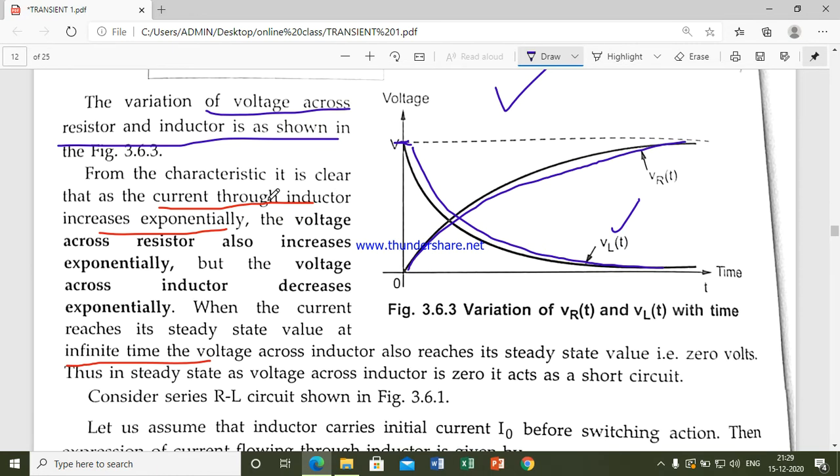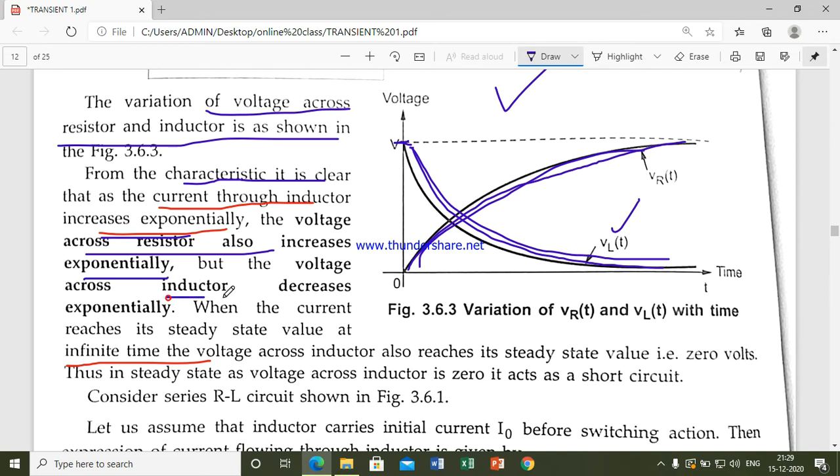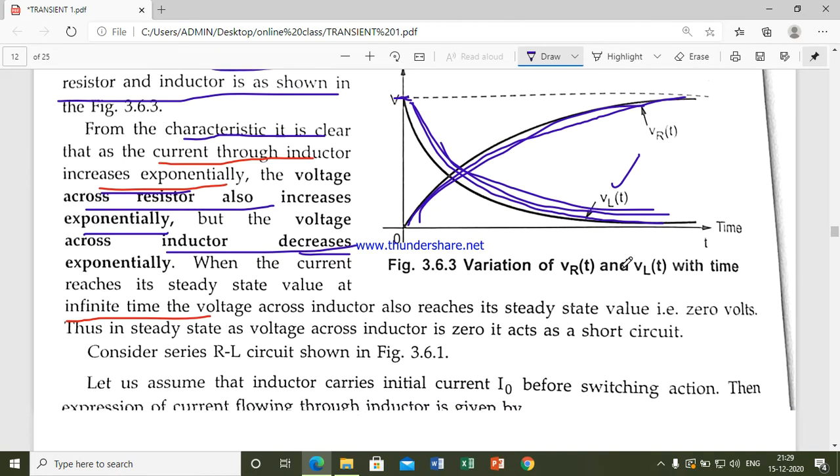From the characteristics it is clear that current through the inductor increases exponentially. We have seen this is increasing exponentially. Voltage across the resistor also increases exponentially. But voltage across the inductor decreases exponentially. It is not increasing, it is decreasing.